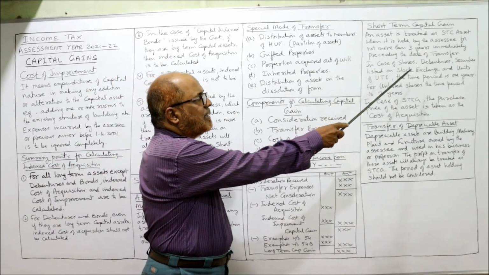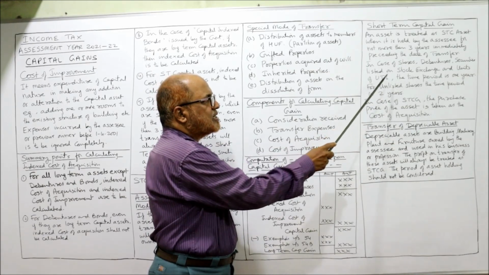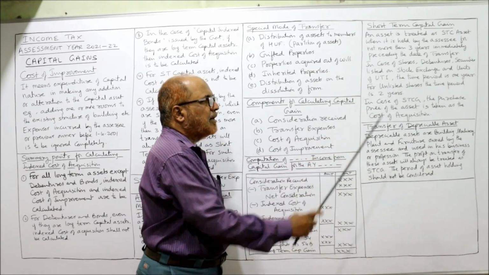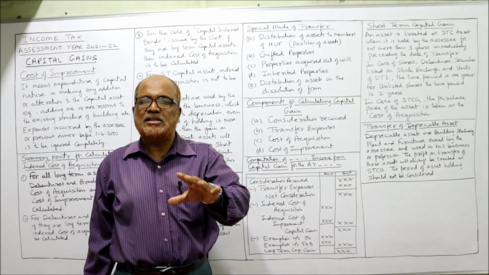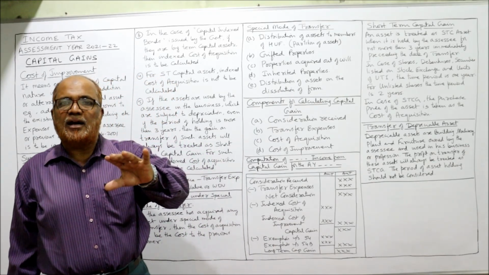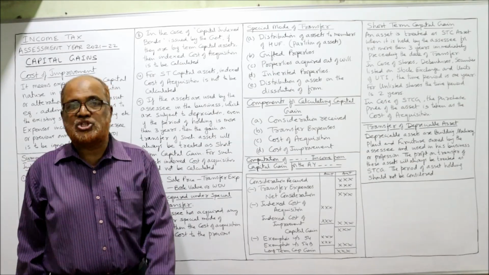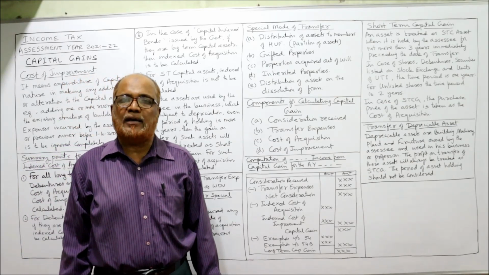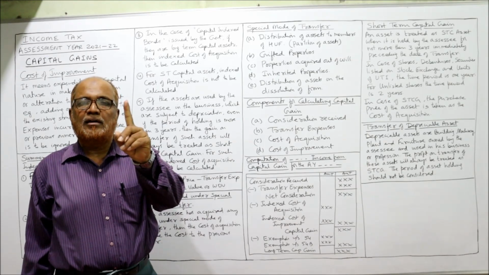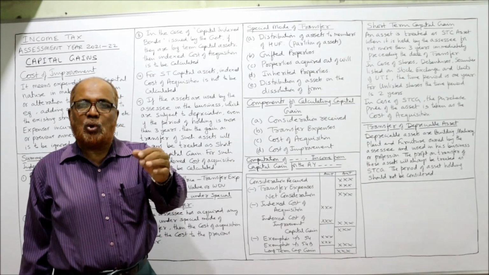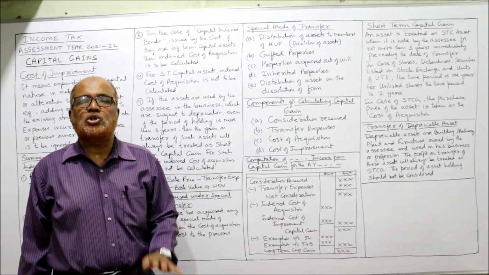In case of debentures and securities listed on stock exchange and units of UTI, the time period is 1 year. If shares and debentures are traded in a recognized stock exchange, and units of UTI, the holding period is 1 year. If these shares are sold within 1 year, it is called short term.